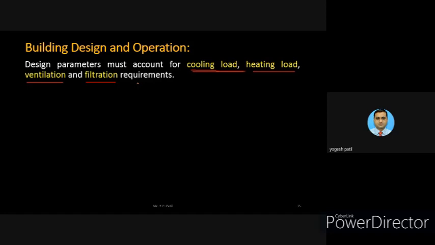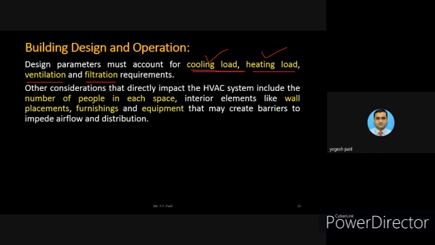And the design means you are designing the control system for the HVAC, for example. So all these things need to be understood: cooling load, heating load, ventilation, filtration requirements. Other considerations that directly impact the HVAC system include the number of people in each space.